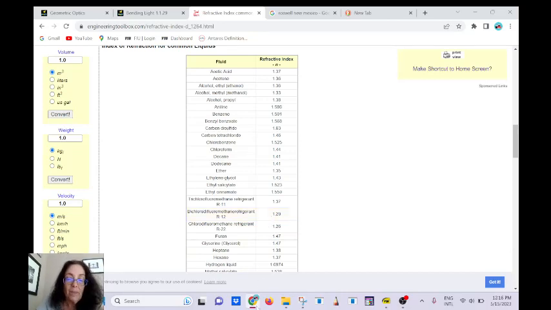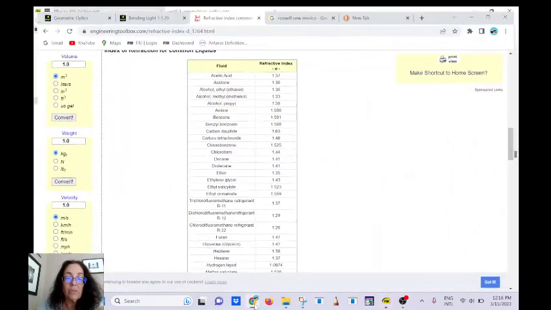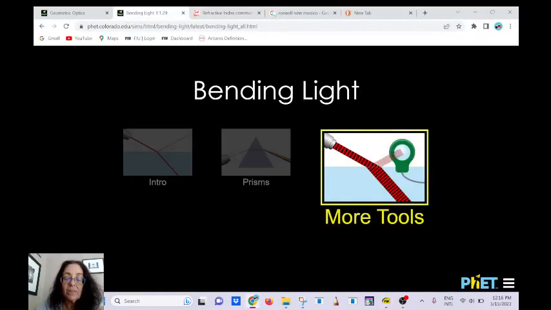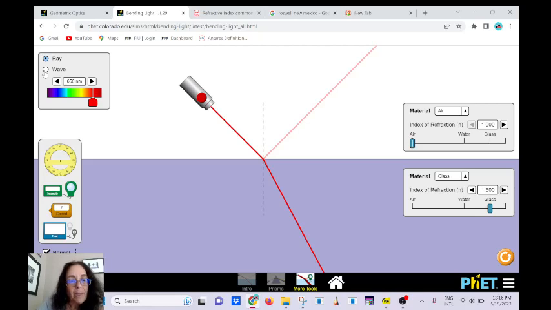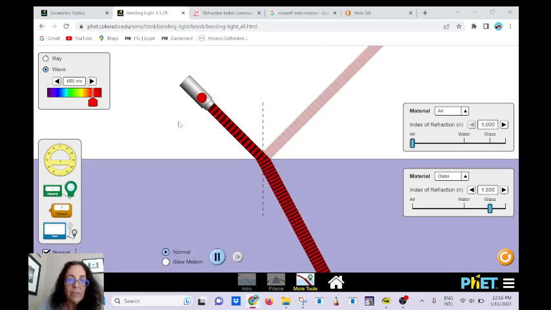Then I also want to go back to the simulation about refraction. So let's take this one. You see this is a ray. Some of it is reflected, some of it is refracted. If I look at the wave here, what you see are the wavefronts, and the ray that we use in geometrical optics is perpendicular to the wavefront.